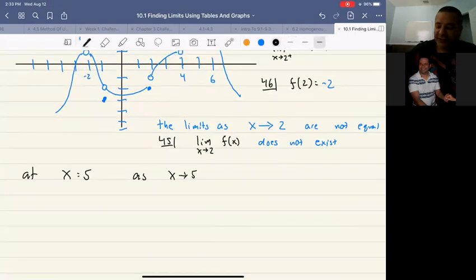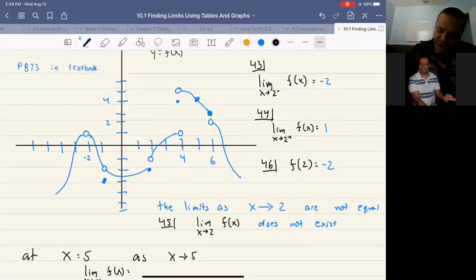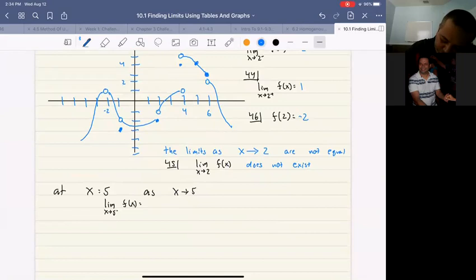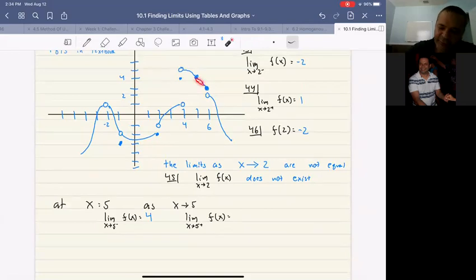This one's actually the easiest one to deal with. Limit as x approaches 5 from the left of f of x equals, as x approaches 5 from the left, you get, what's that, 4. Limit as x approaches 5 from the right of f of x, you also get 4.